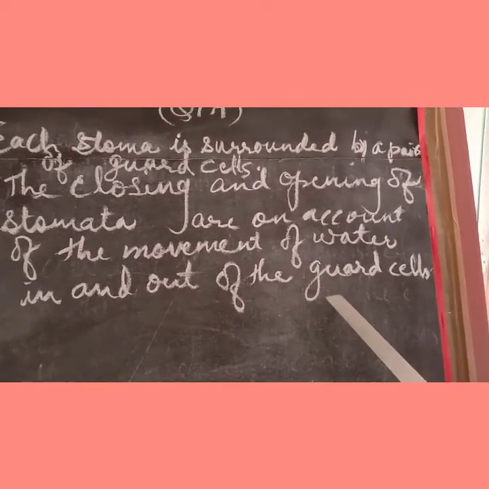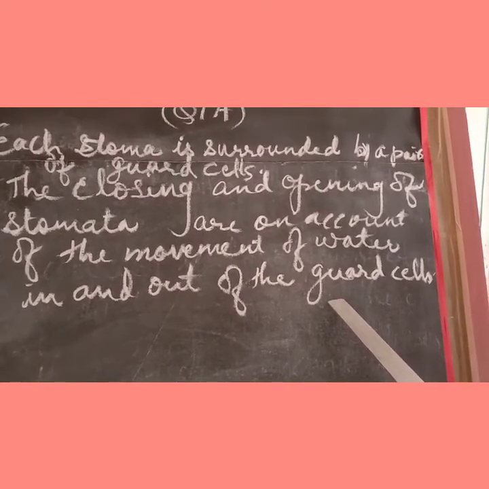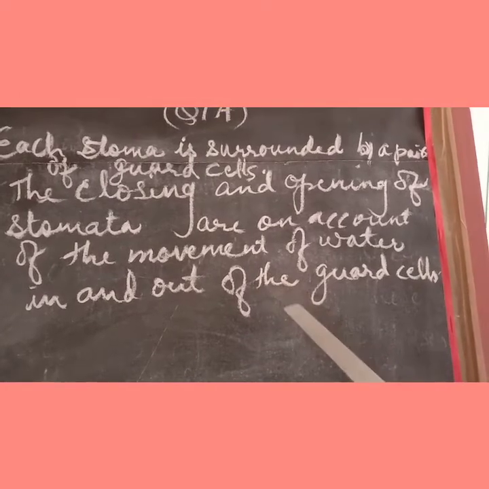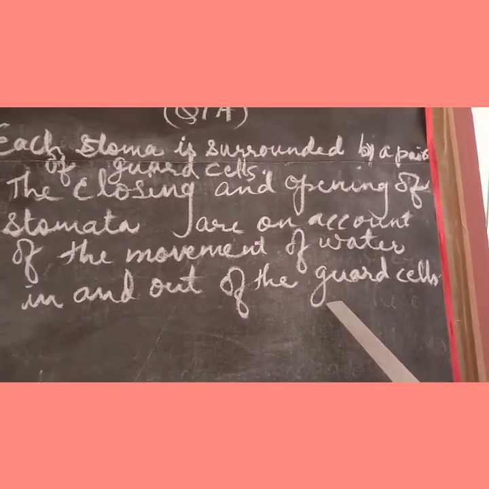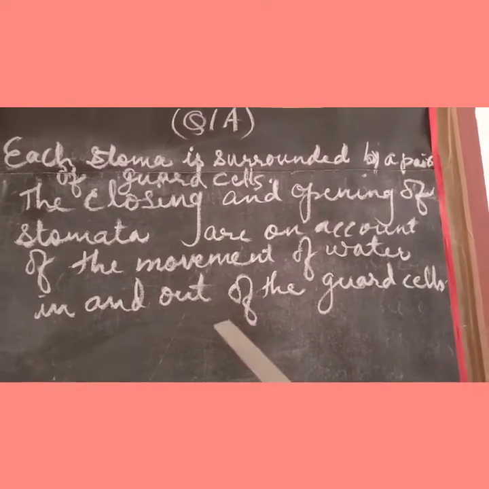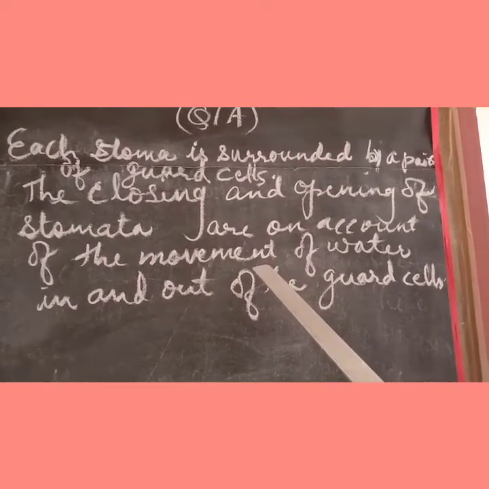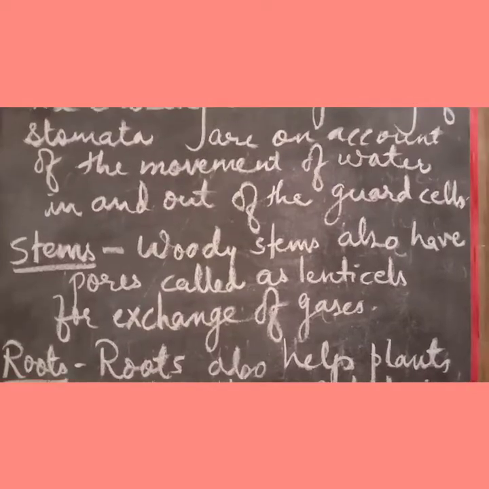When water enters into the guard cells, they become turgid and the stoma gets open. When water comes out of the guard cells, they lose their turgidity and ultimately the stoma gets closed. So this is how gaseous exchange occurs in the plant body through leaves with the help of guard cells.